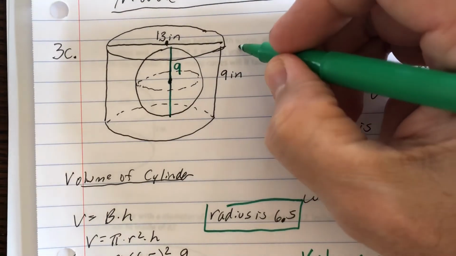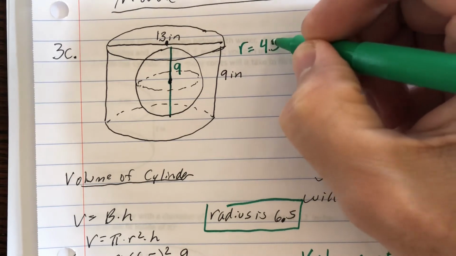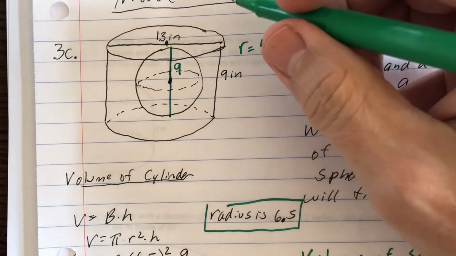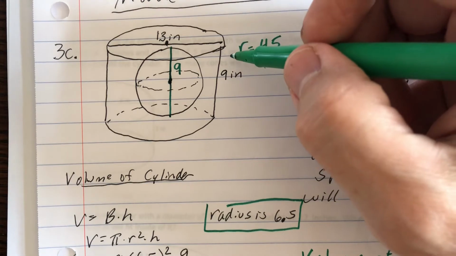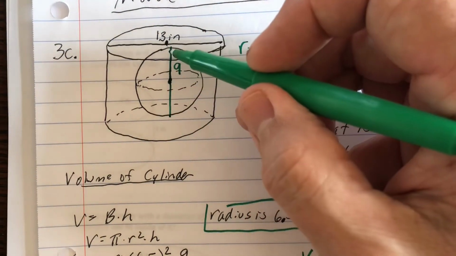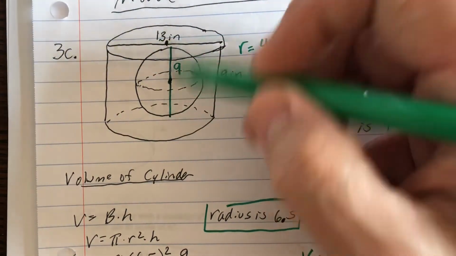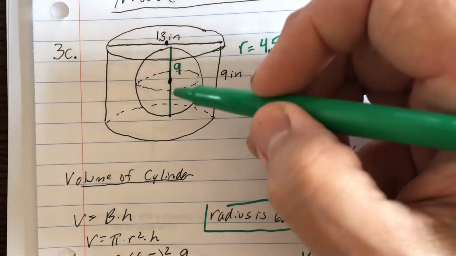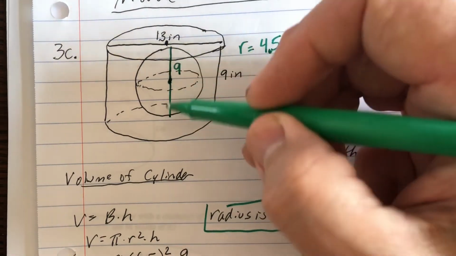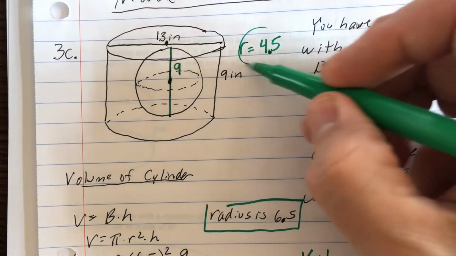So my radius of the sphere is going to be half of that, which is 4.5. That's really important, because you can't use anything bigger than that. You can't use 13. The biggest amount you have to choose from is found by looking at the diameter of your sphere and then taking half of that for your radius. For me, mine's 4.5.